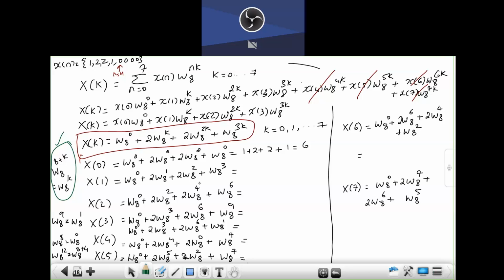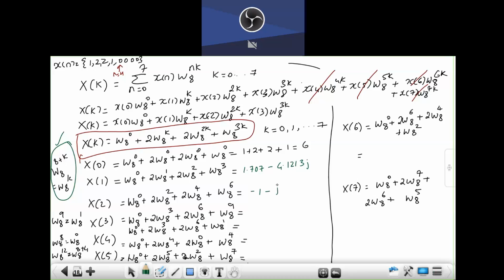This will be, you can keep it in points also, 1.707 minus 4.1213 J. So this will be like the calculator because these are values that I myself have solved.